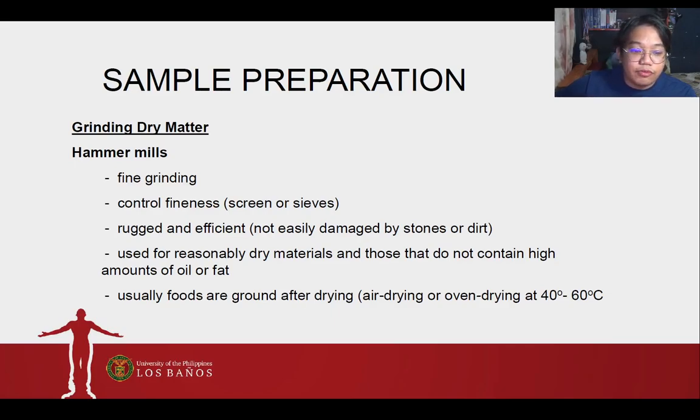And usually, yung foods na ground ay ginagrind natin after nating mag-dry. Okay? So, either by air drying or by oven drying. So, oven drying, ang temperature nan ay crucial. Dapat 40 to 60 lang as to remove the moisture na pwedeng matanggal from your sample from the atmosphere.